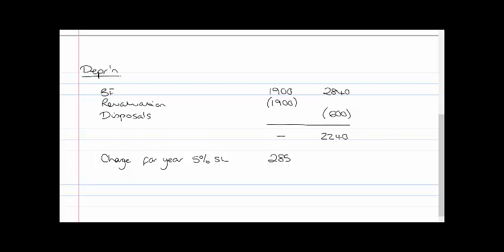Whereas with our plant and equipment, our method is 25% on the reducing balance basis. And so what we would do here is take the carrying value last year of 1,340 and strip out from that the net effect of our disposal. So the plant item that was disposed had a cost of 620, accumulated depreciation of 600.